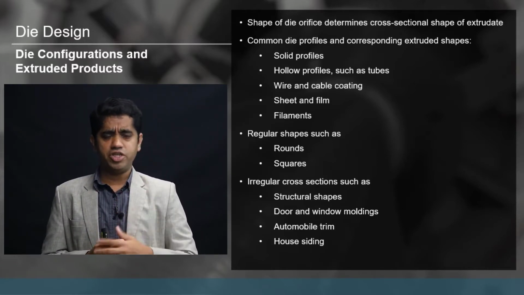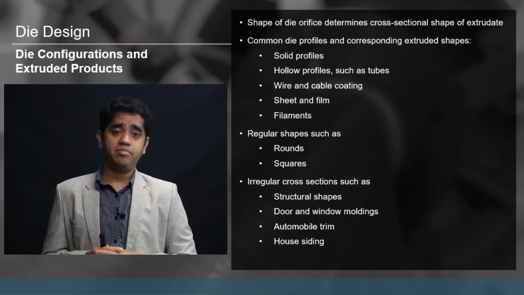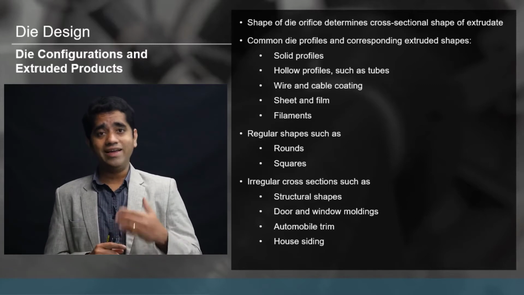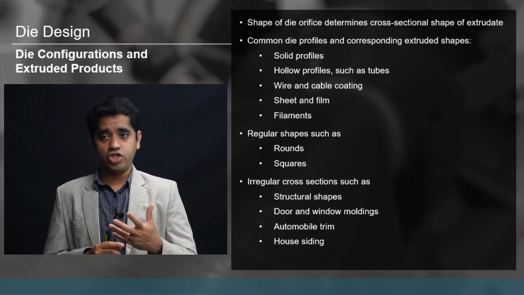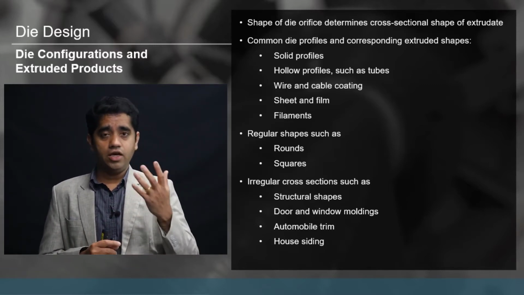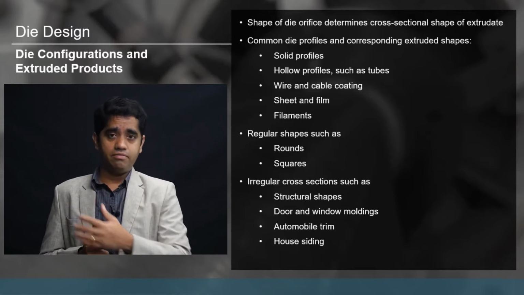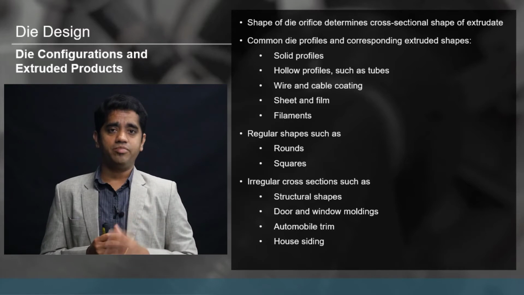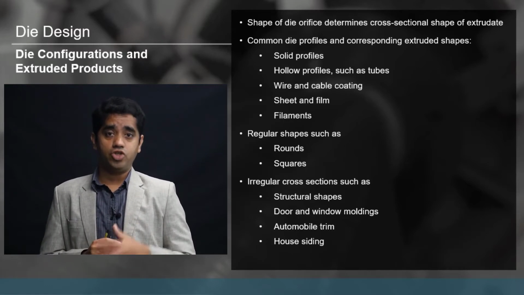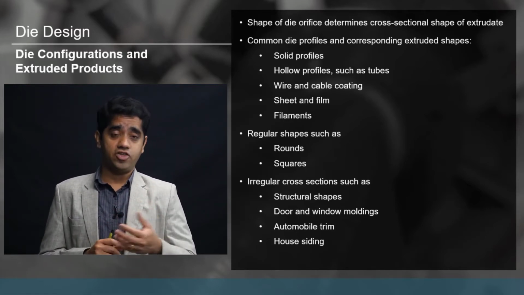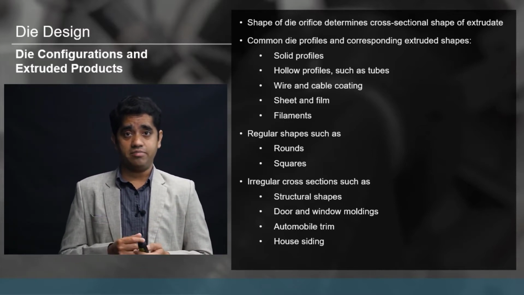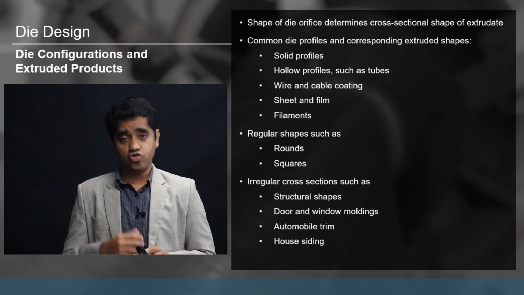Some of the common shapes are rounds and squares, but again, rectangle becomes part of that as well. Some of the irregular shapes could be structural shapes or door and window moldings. The example that you saw in co-extrusion is one irregular shaped die or geometry that can also be extruded. And automobile trims and house siding are other examples that can be extruded.